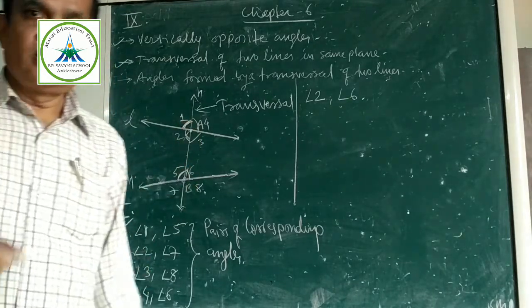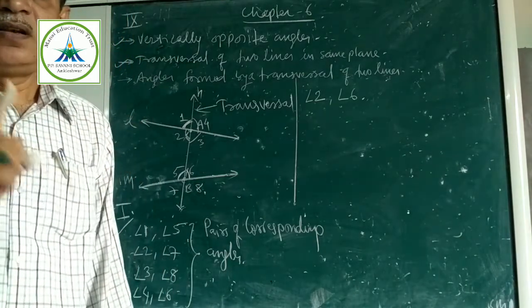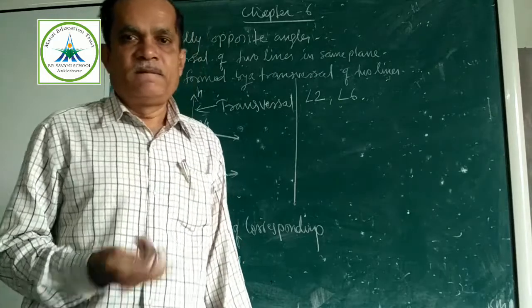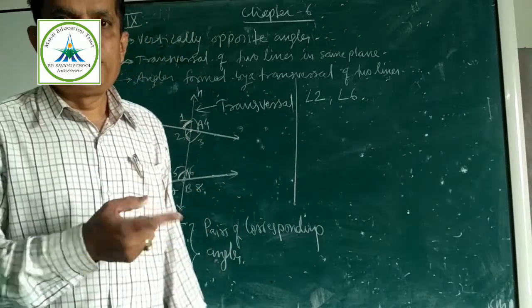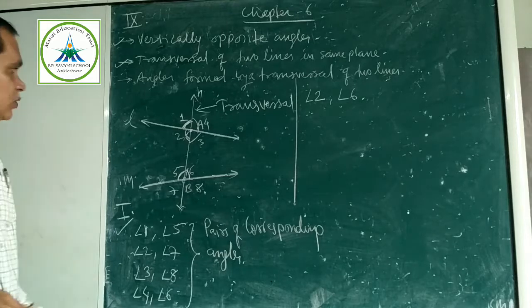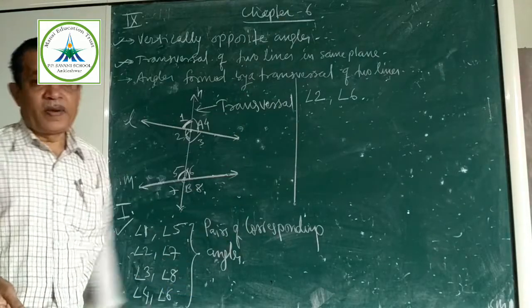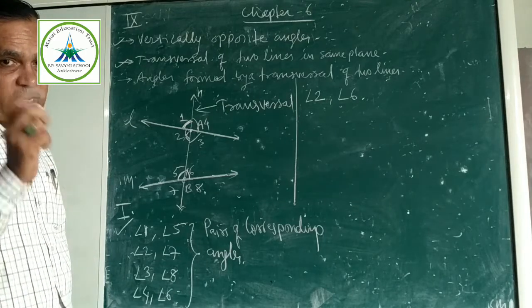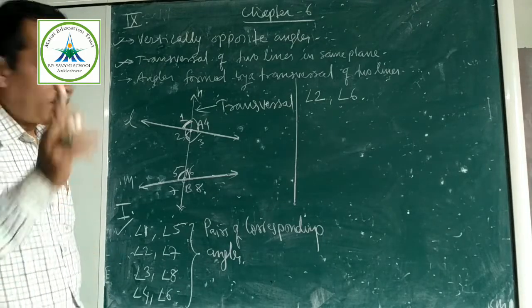Tell me a pair of angles very similar to 2 and 6. Think yourself. Just listen properly. I'm waiting for some seconds. Angle 2 and angle 6. I wrote one pair. Now tell me the other pair in the first one. Yes, very good. Some students have noted. I'm writing: 3 and 5.